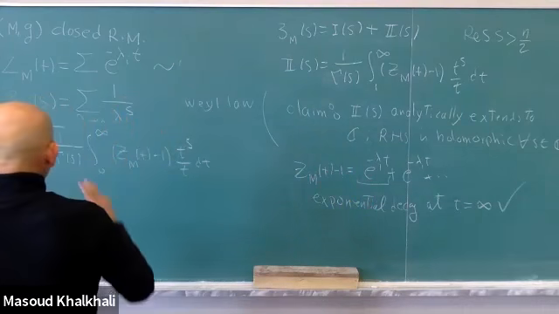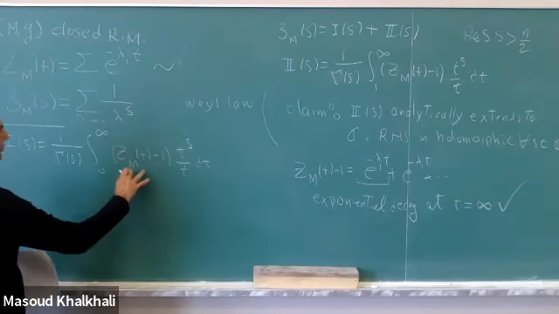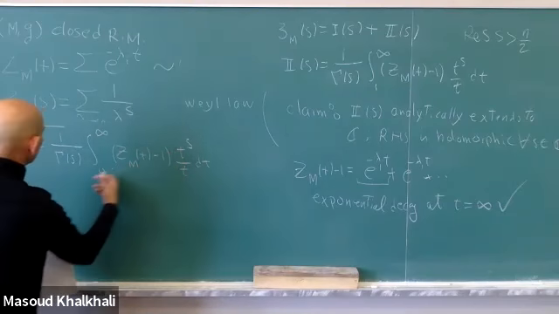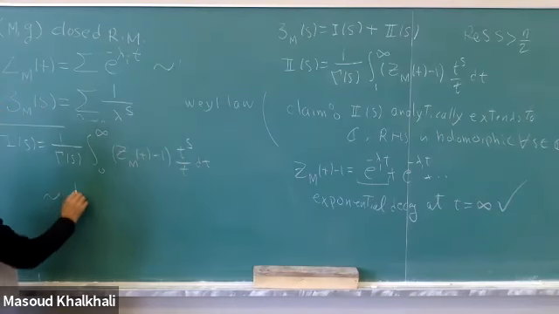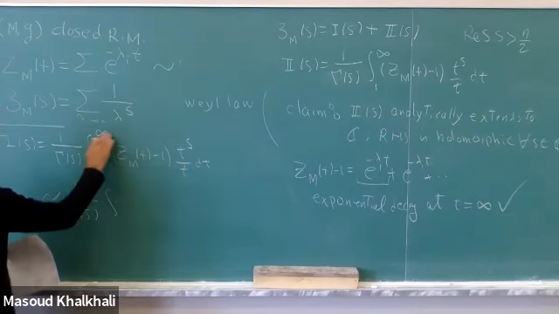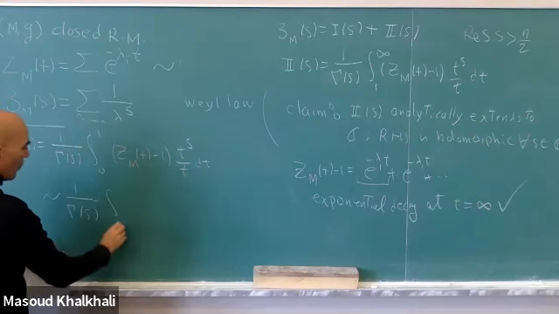So imagine you can just formally replace Zm by its asymptotic value near 0. So I'm just going to write it like this, 0 to 1, sorry, 0 to 1.